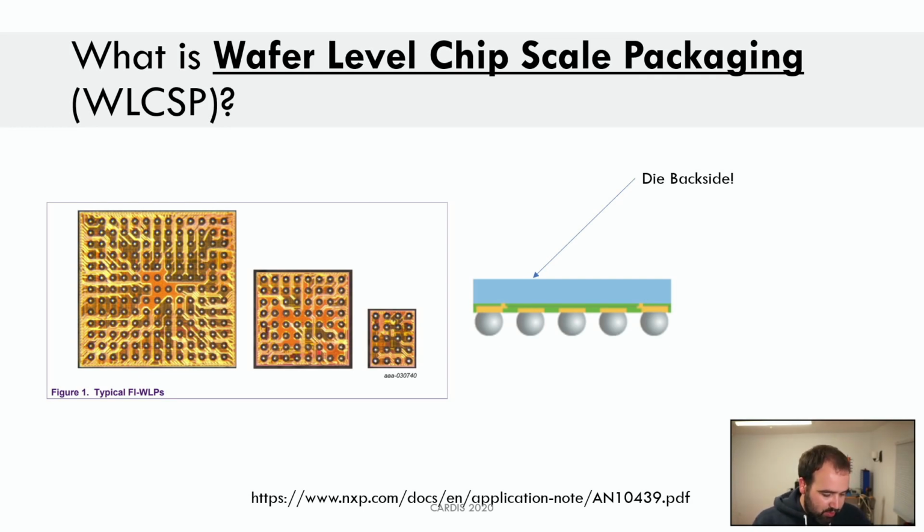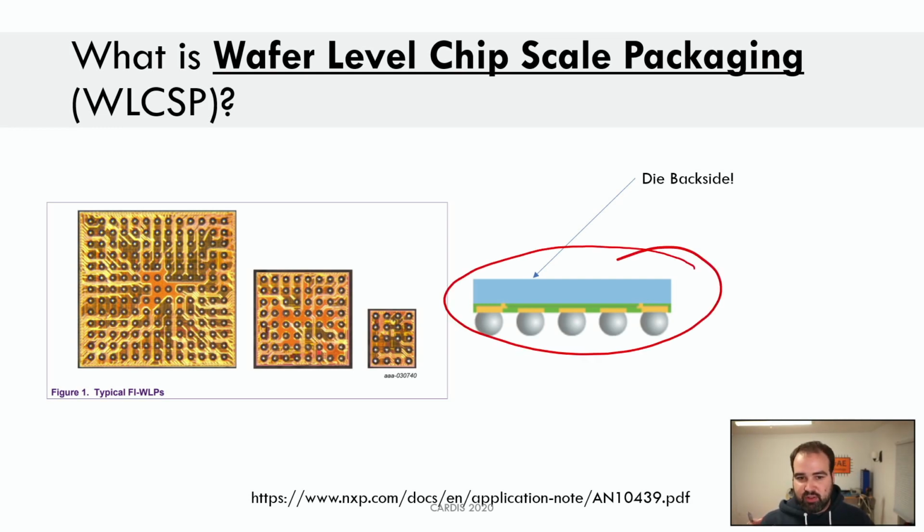So with WLCSP packaging, you more or less have the die itself, integrated into one package. The die backside is roughly exposed. And you can see here actual structures of the chip. If you take these and look at them under a microscope, it's very clear. You can actually see the chip structures from underneath there.